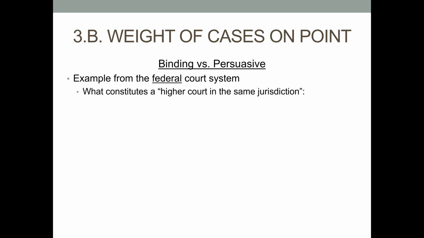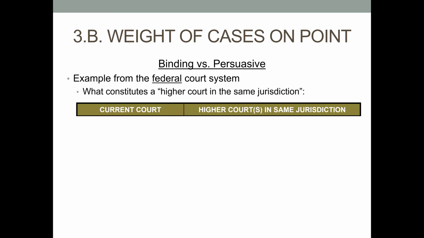So that's pretty simple. But what about the alternative prong, in which the precedent would be binding if it is decided by a higher court in the same jurisdiction as your court? Well, let's look at this first off in the federal court system.